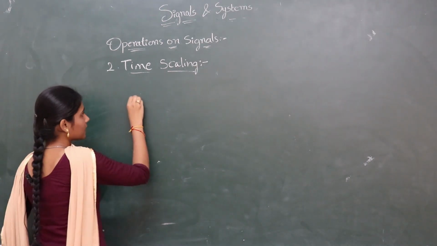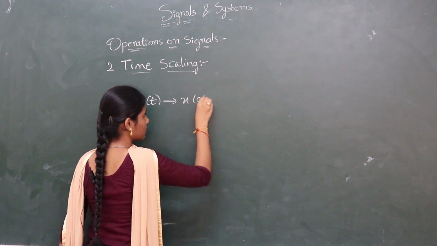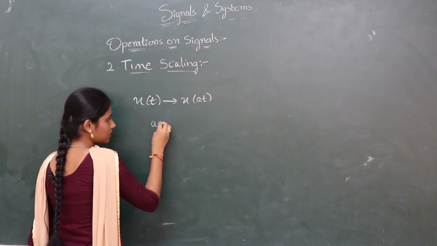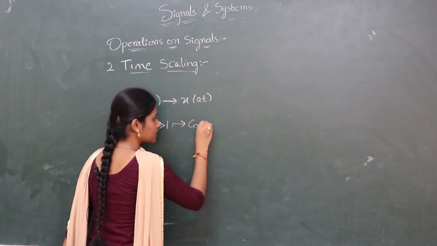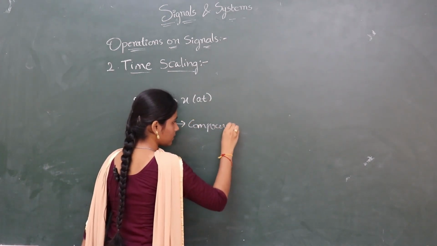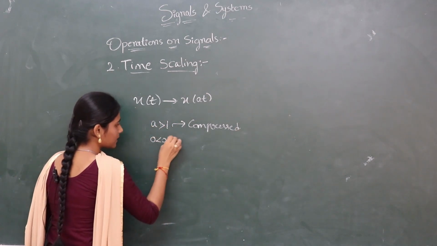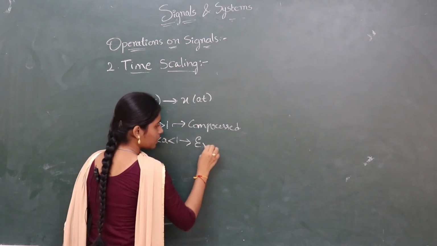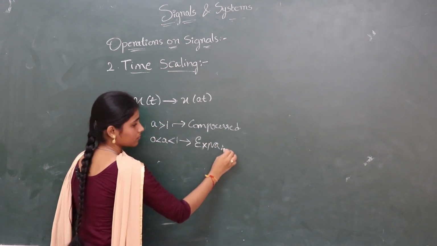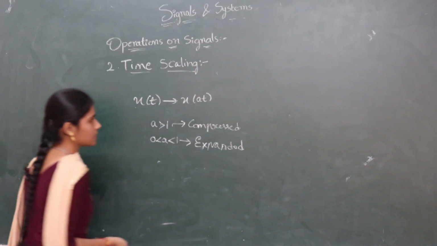So we can say that if a is greater than 1, then the obtained signal is a compressed signal, and if a lies between 0 and 1, it is the expanded version of the original signal.